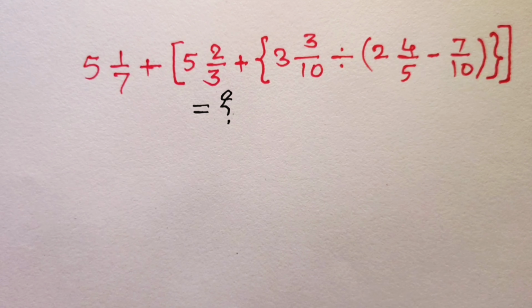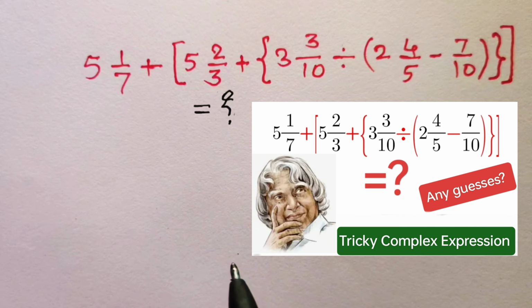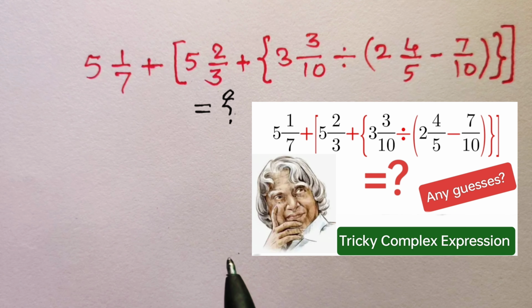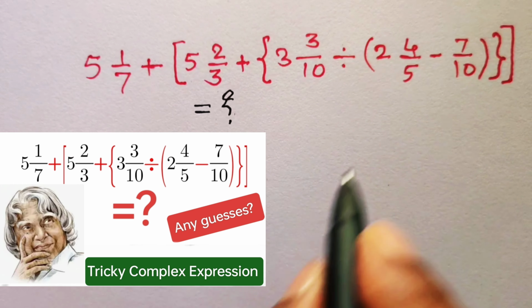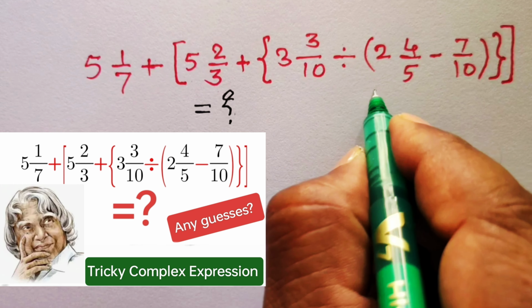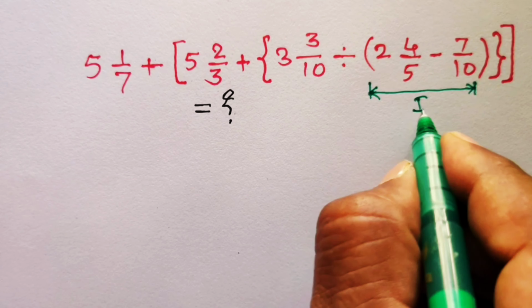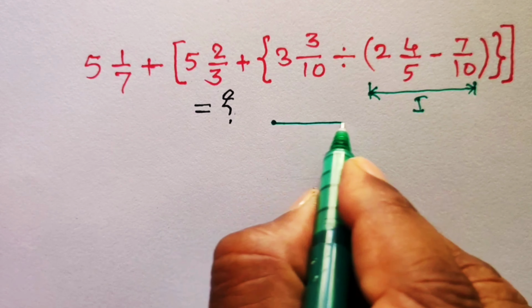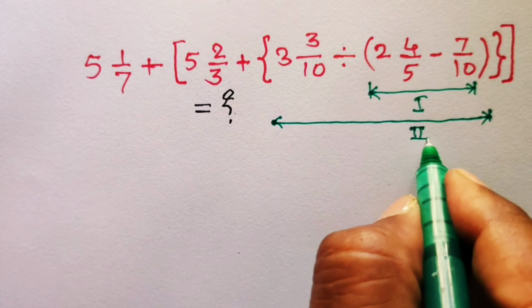Okay. First of all, we have to prepare steps to solve this problem. As per the BODMAS rule and PEMDAS rule, we have to find the value of the innermost bracket, and here the innermost bracket is this one. Consider this as step number 1. Then consider this as step number 2.